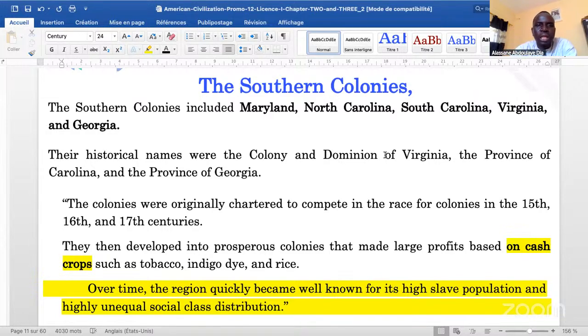Tell me that the southern colonies include Maryland, North Carolina, South Carolina, Virginia, and Georgia. What is their historical name? They used to be called the Colony and Dominion of Virginia, the Province of Carolina and the Province of Georgia. Yes, that's what they used to be called.